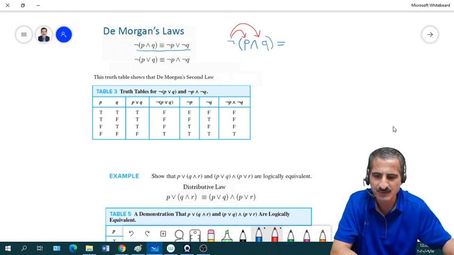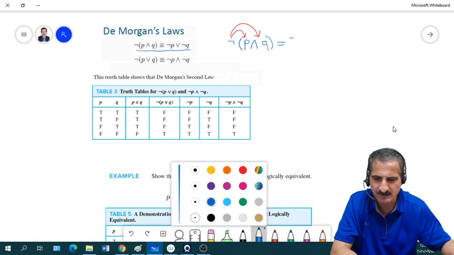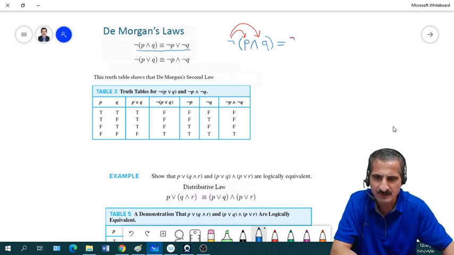So we will have not P, not Q, but then this logical operator will be changed to OR.